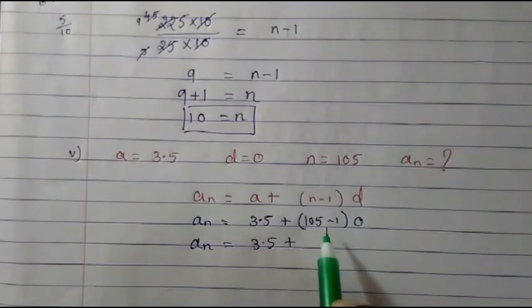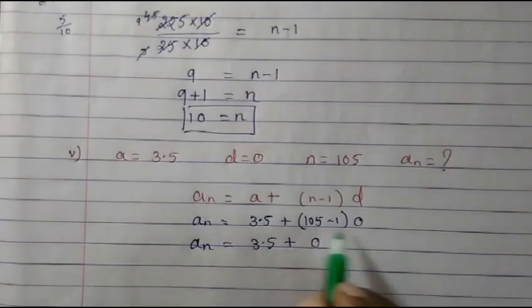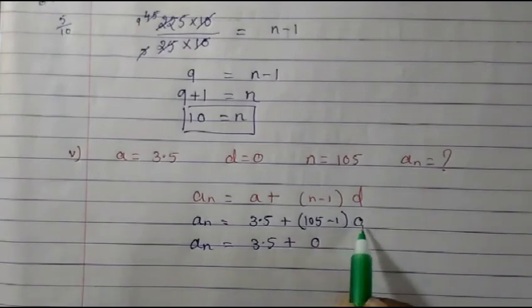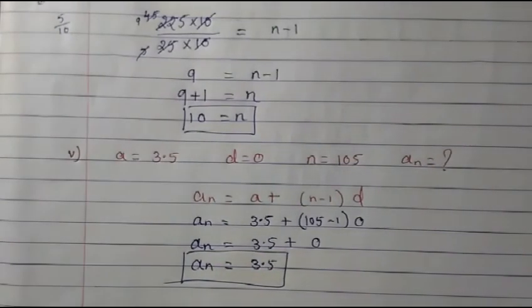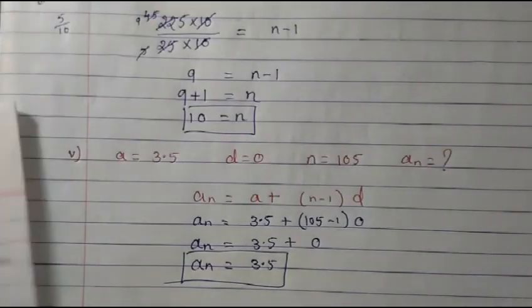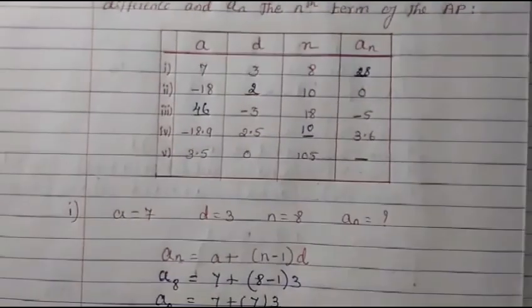Now whether you minus or you don't minus, you see in multiplication 0 is there. So with 0, any number you multiply, it will become 0 only. So we get 0 here. So we don't need to go to minus here. In multiplication we have 0. So automatically when you multiply, the whole thing will become 0. So that means what we will be getting, an value will be 3.5. So you can fill it up in the table that an value here is 3.5.